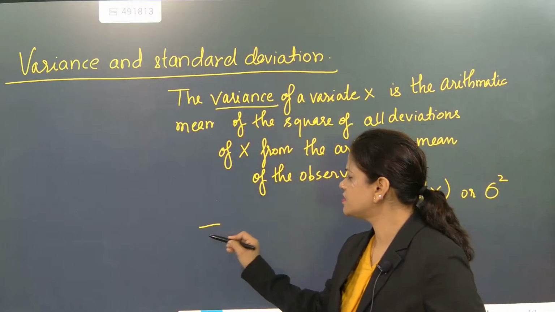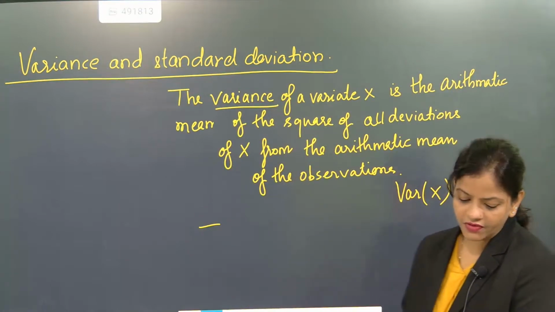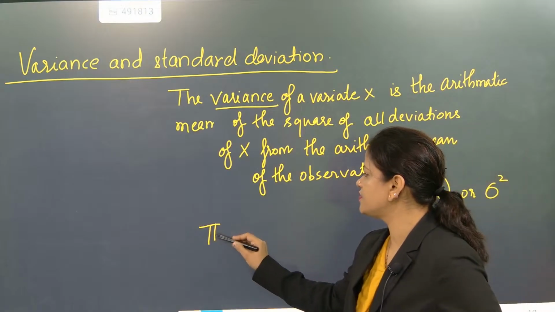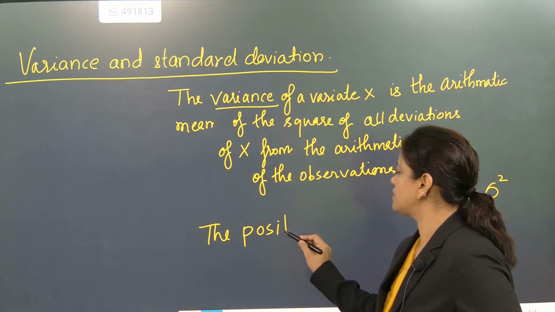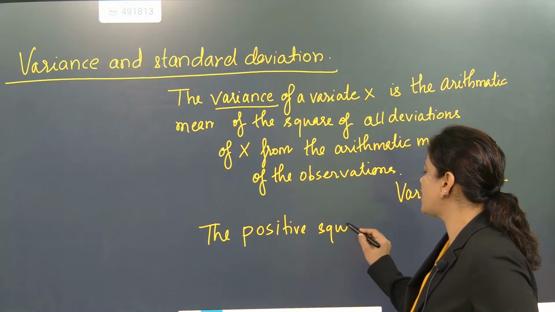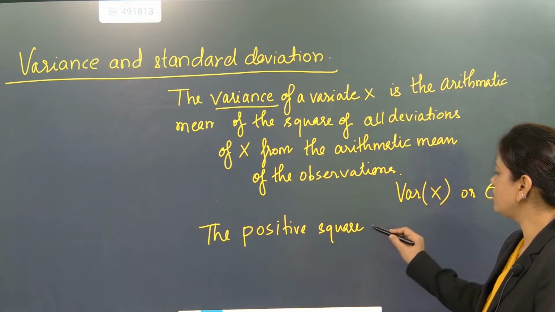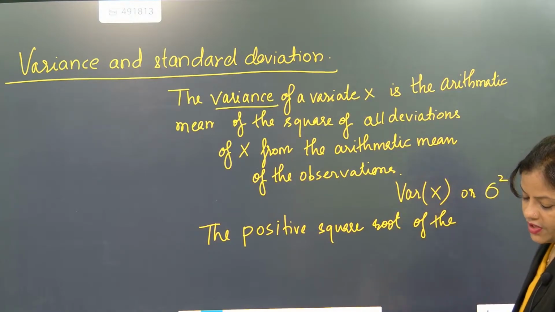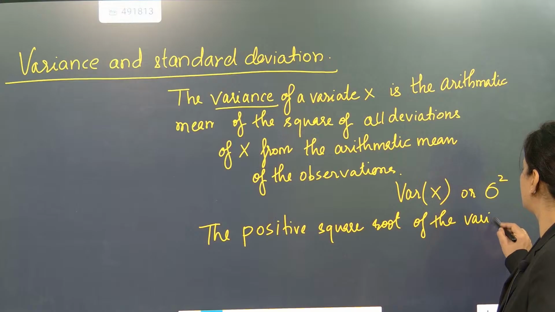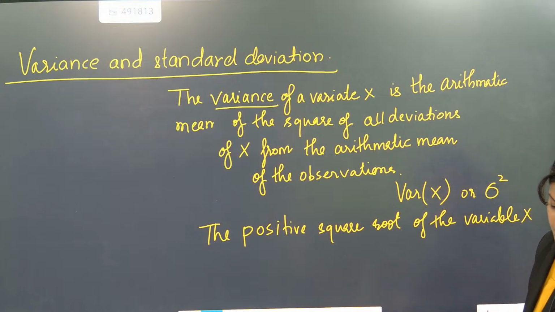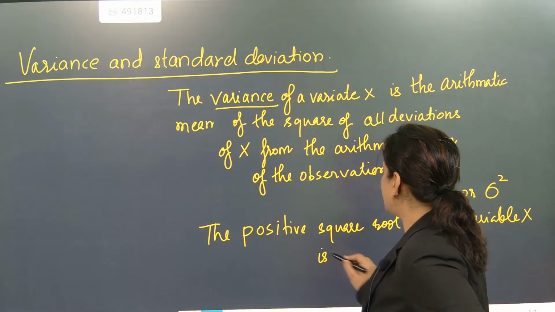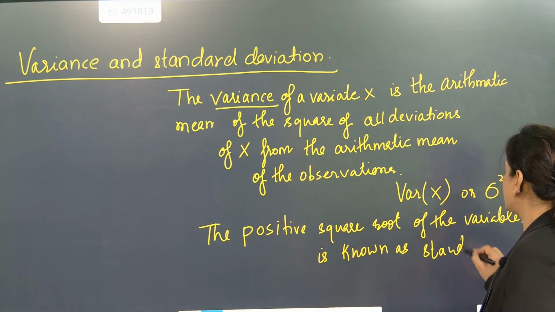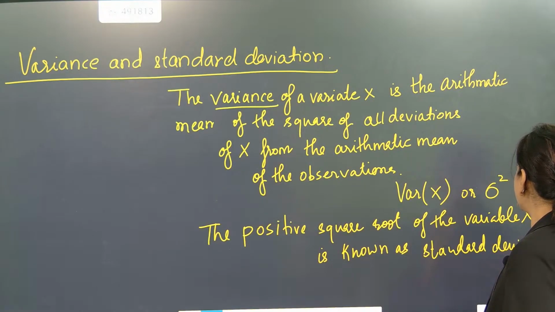Now second part is what is standard deviation. So if somebody asks you what is standard deviation, you need to understand that the positive square root of the variable x is known as standard deviation.